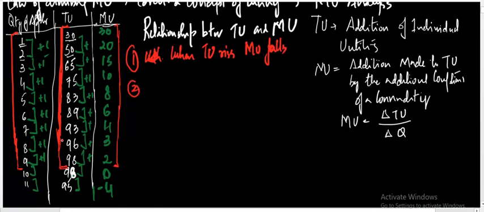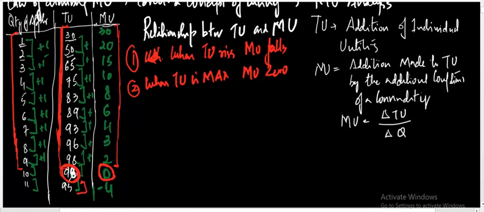Second point. Now see here, when total utility is maximum, it's 98 over here, marginal utility is 0. Now when total utility falls, the total utility is falling from 98 to 95, marginal utility becomes negative.